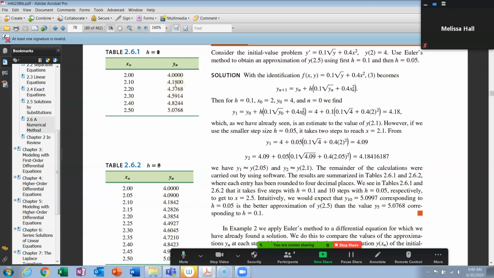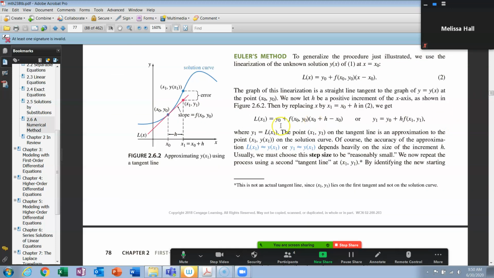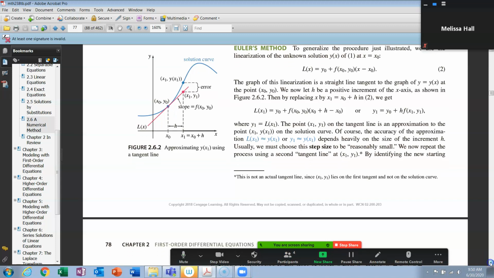But if you look back here, you see this is underestimating the curve. Now, by doing smaller steps, you get closer to it. You're still not on it, but you're at least closer.